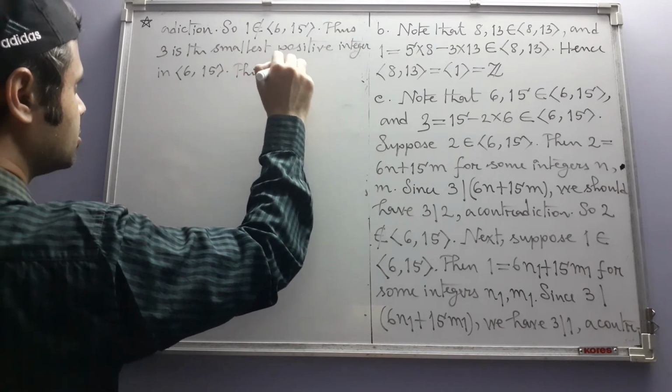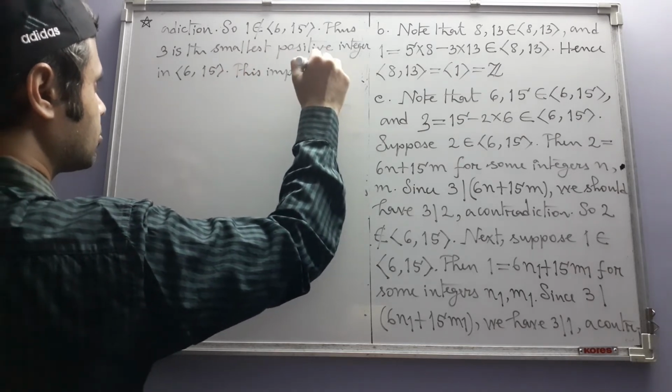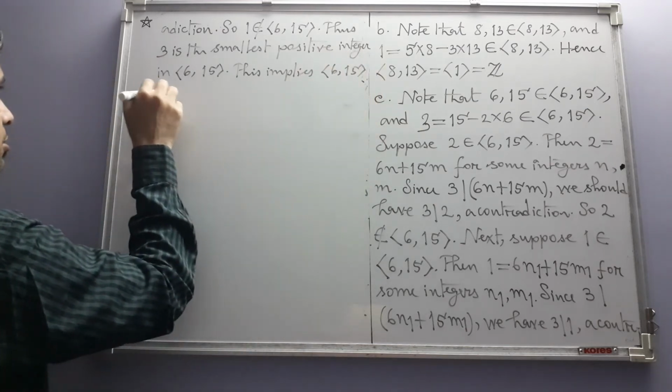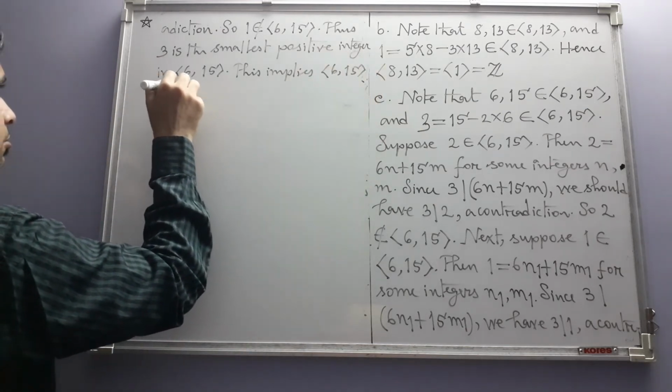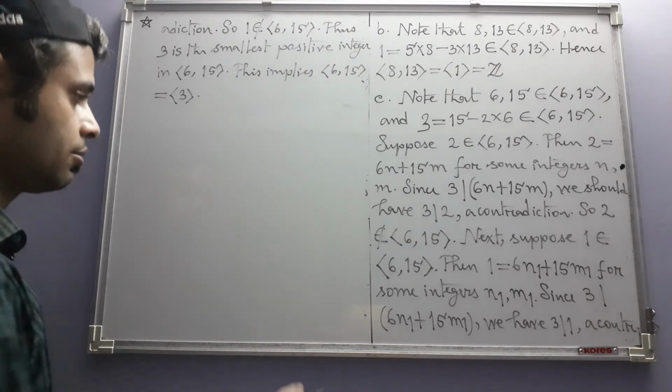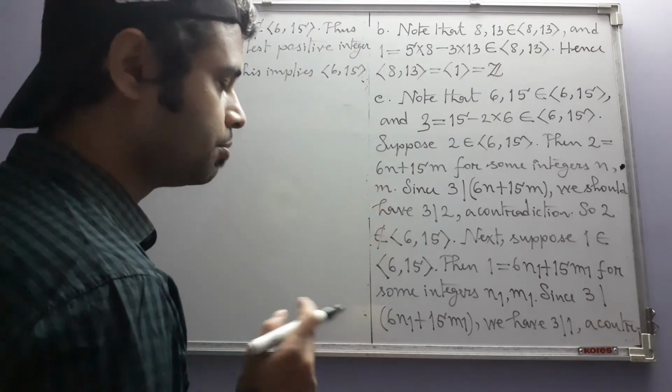This implies that this is equal to the subgroup generated by 3. Okay, so it equals the cyclic subgroup generated by 3 in the additive group of integers.